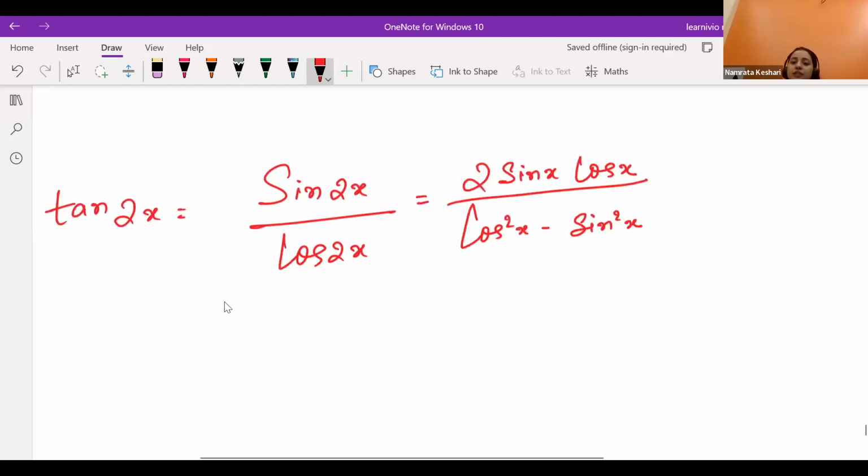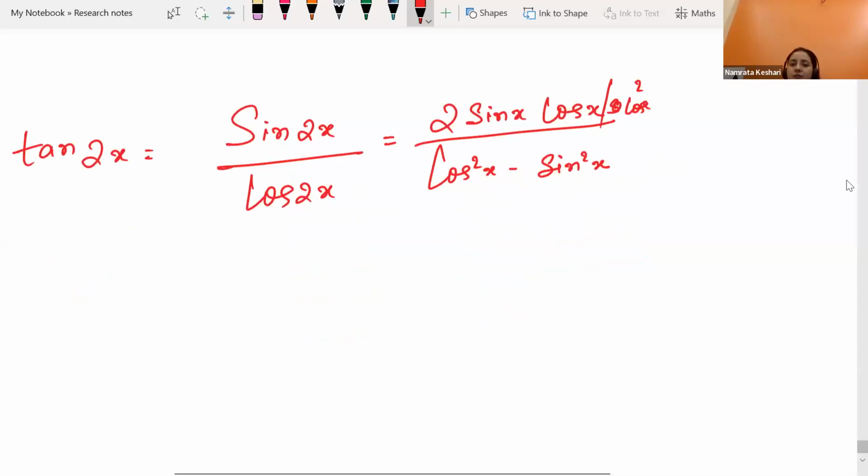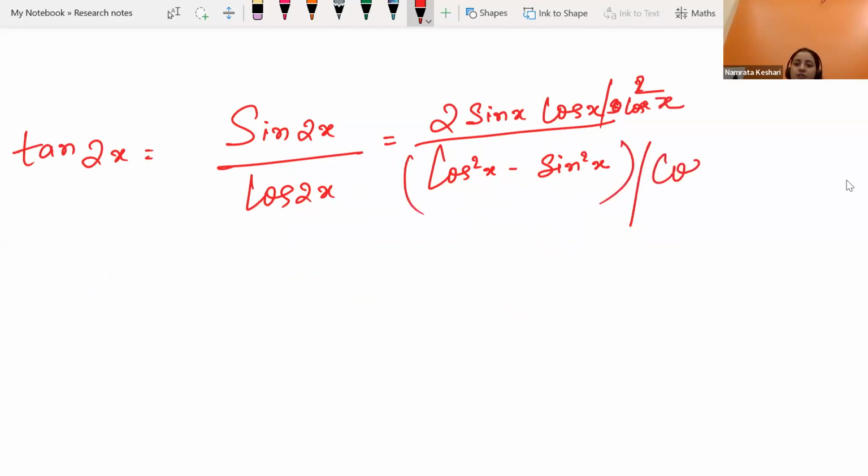Now here, we want to create tan x, so we will be dividing numerator and denominator with cos square x. Let's see what we are going to have. Cos square x, please tell me, what are we going to have?